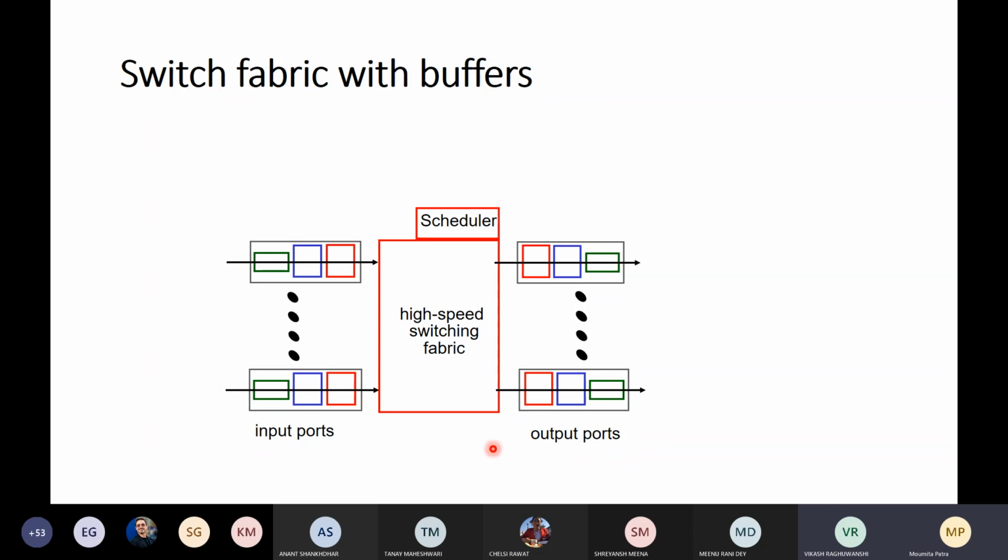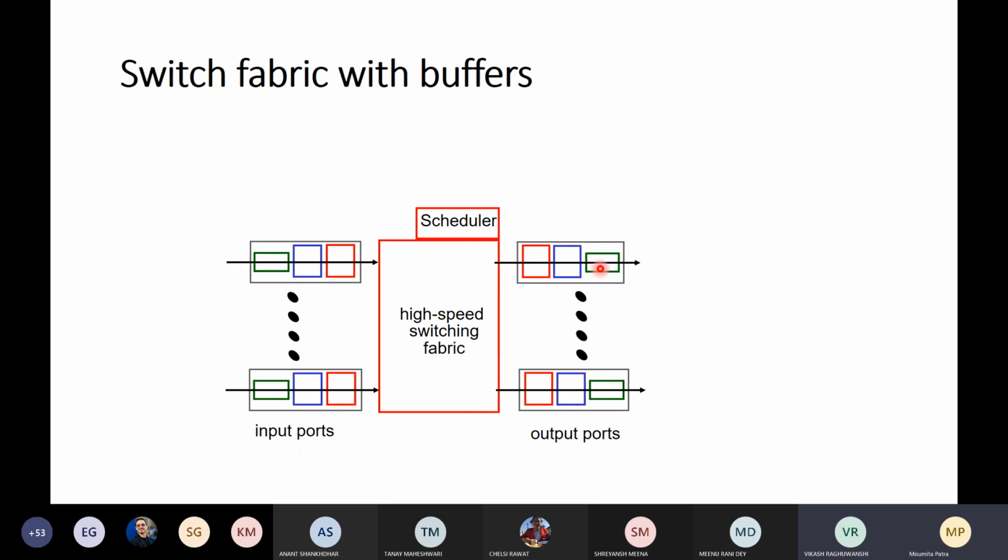Okay, this is your high speed switching fabric. And similarly for the output port, these are simply modules which work as per your lower layers, that is network, data link and physical layers. So whatever protocols of those modules the packet has to go through, these modules represent them.